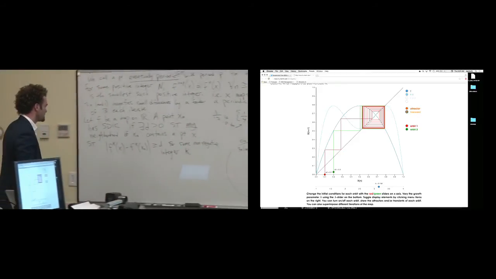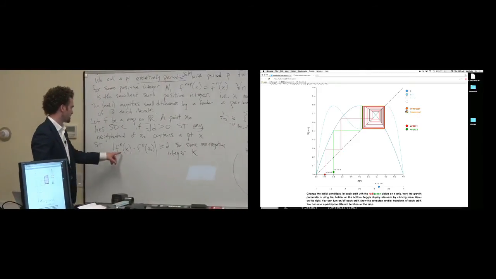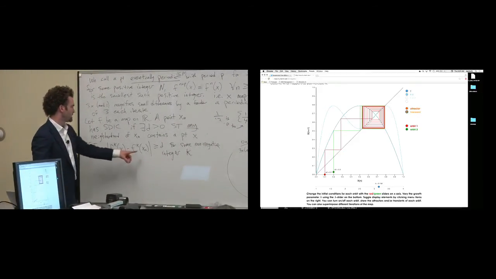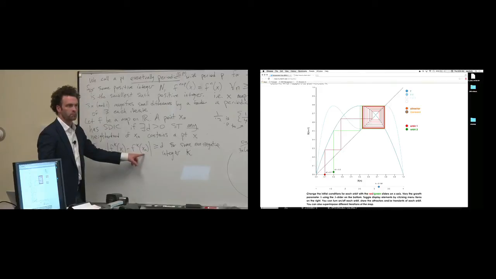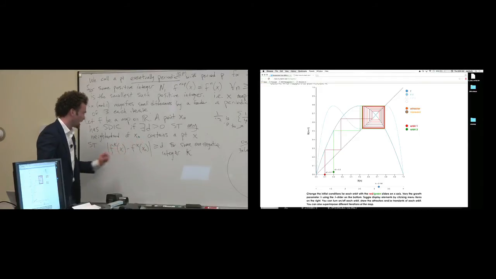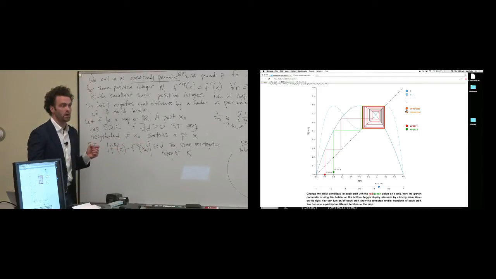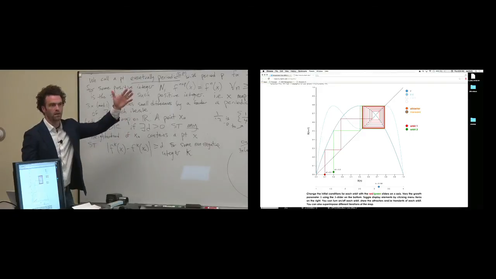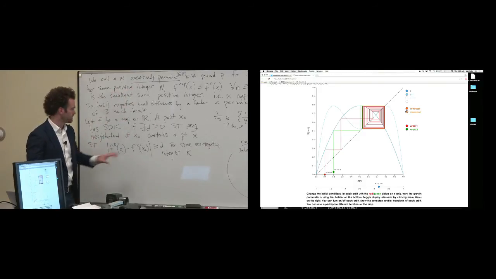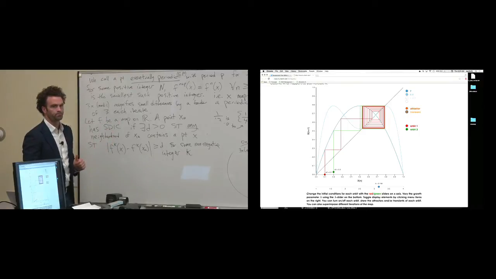In fact, sources are easier to prove this for, because for fixed point sources, f^k of 0 is just 0. So this disappears. To show that 0 is sensitively dependent, you just say, well, how big is the kth iterate of a point nearby? Well, it's going away, so that's going to be big. Because the kth iterate of 0 here doesn't go anywhere.